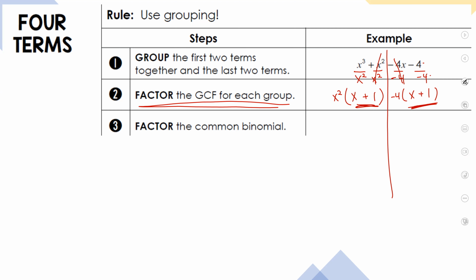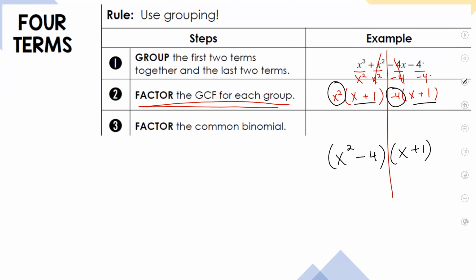All right, now, let's write how we're going to do our factors. Whatever is repeated, so here the X plus 1 is repeated, that will be one of your factors. So write down that. Your other factor is what's on the outside. So X squared minus 4 is your other factor.